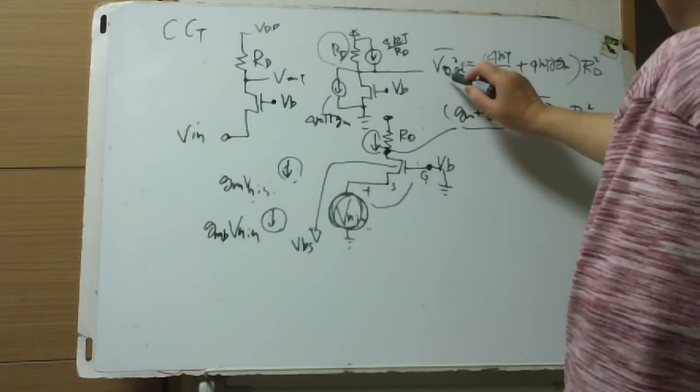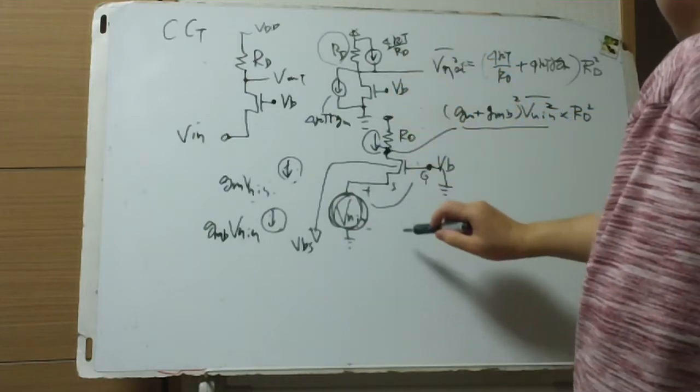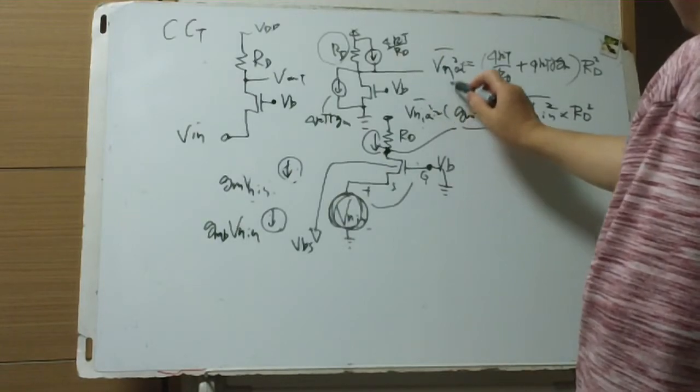Say this is Vn1 out in the input short case. This is also Vn1 out squared.